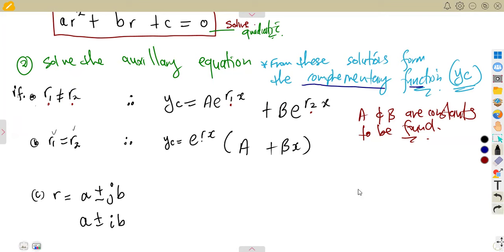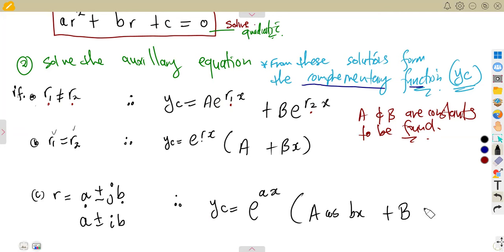Whenever your solutions are complex, whether you write this in terms of j or in terms of i, the complementary function, which is YC, is going to be given by e to the exponent of AX into A cos BX plus B sin BX.